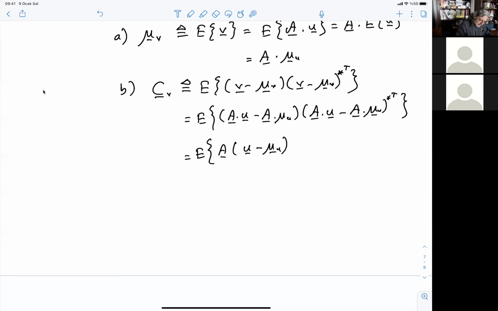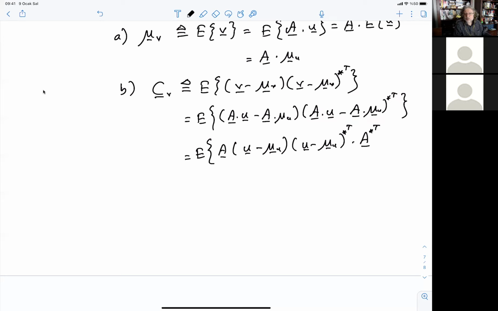For the right-hand side expression, there is a conjugate transpose, so the multiplication order will be interchanged, and it's going to be U minus mu U conjugate transpose times A conjugate transpose.